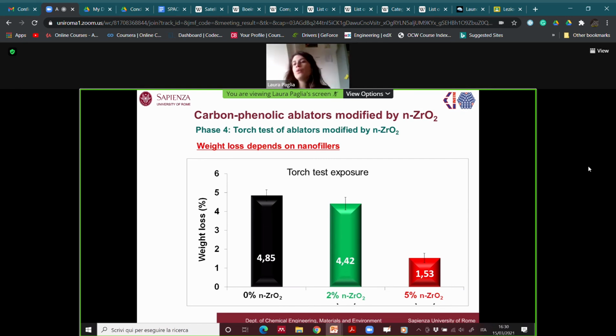Okay, so we will have different samples, for example, 3 or 5 samples for each kind: with no nanoparticles, 2% of zirconia, 5% in weight of nanozirconia. Okay, we tested them at the same condition, and then we can observe the weight loss. And we observed that the weight loss in samples with nanoparticles is reduced with respect to the other one.